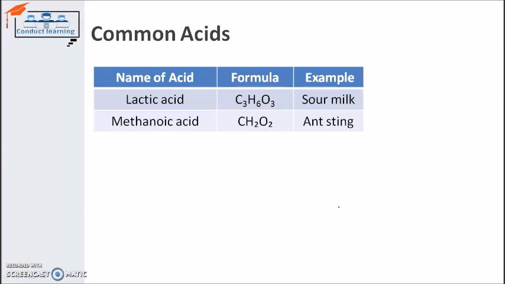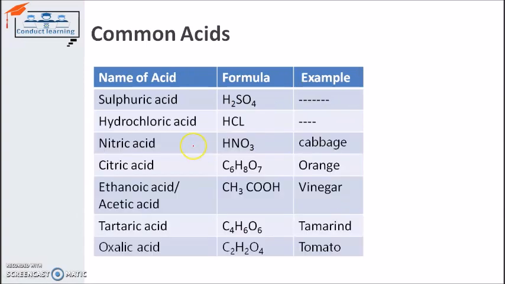And the last one is methanoic acid. It is in the ant sting. The formula for this is CH2O2. So these are the various kinds of acids, weak as well as strong. The strong acids are the top 3, and the rest of the acids are weak acids.